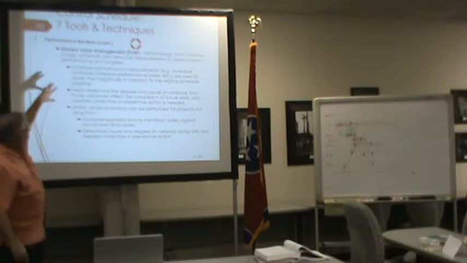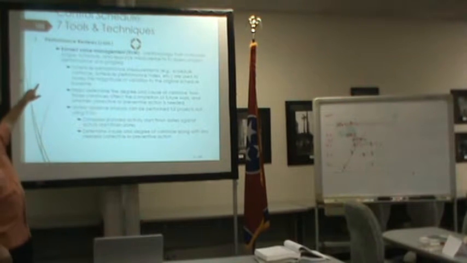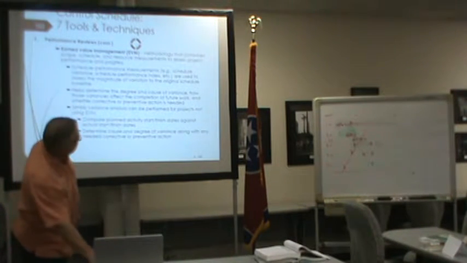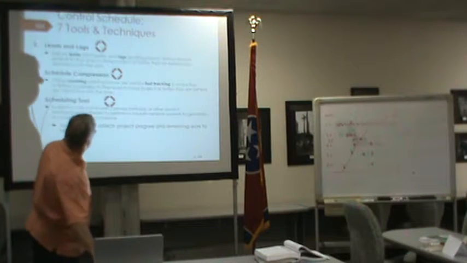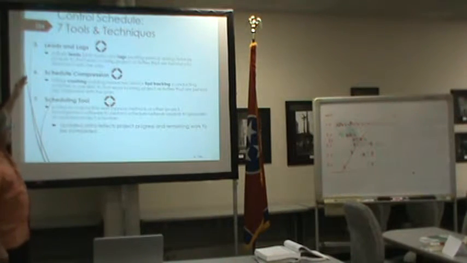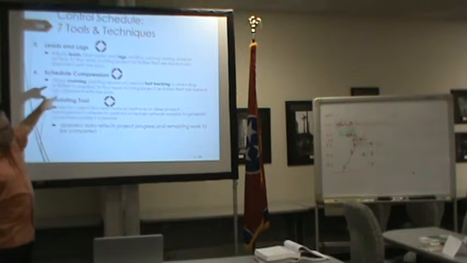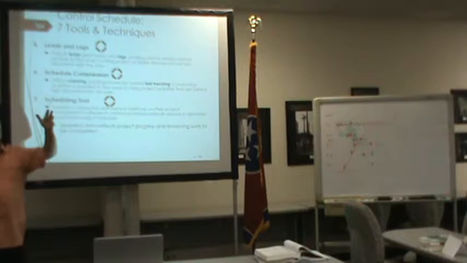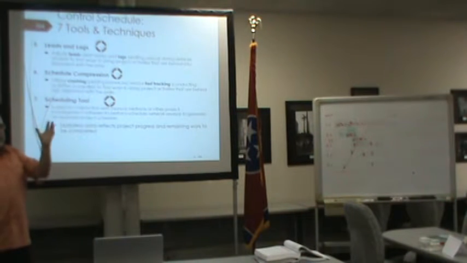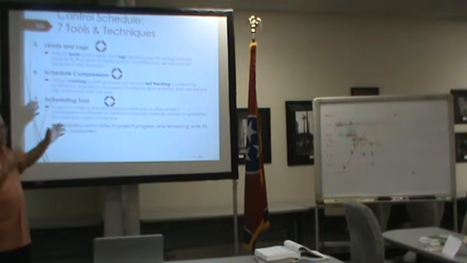So earned value management is a tool that we use for controlling schedule. Leads and lags, you've already talked to me about. Schedule compression, I talked about this a minute ago. In the PMI space, there are actually two different schedule compression concepts that we talk about.